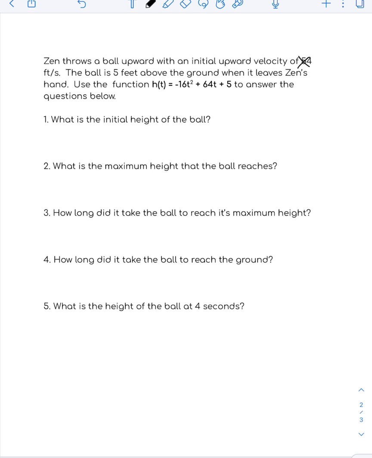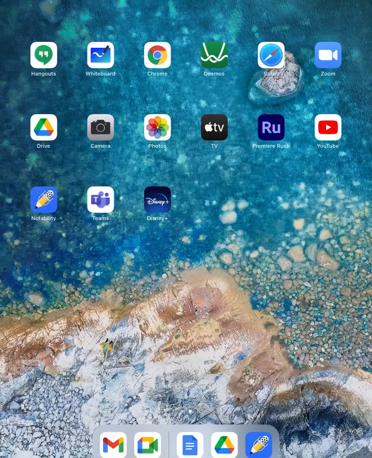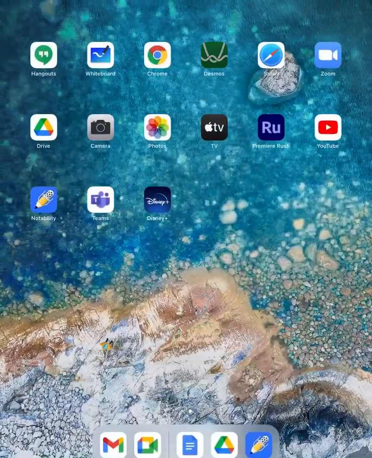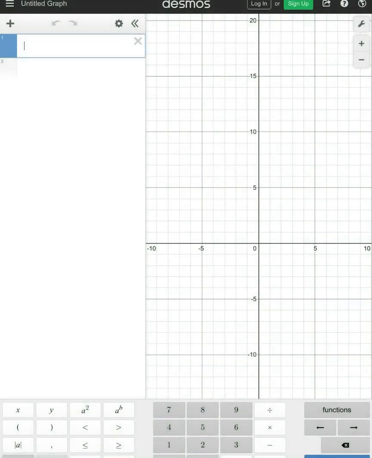So the first thing we're going to do is go over to Desmos and type that equation in. Remember, anytime they have h of t or f of x, that just means y. And anytime they have t, like h of t equals negative 16t squared, the t is x.